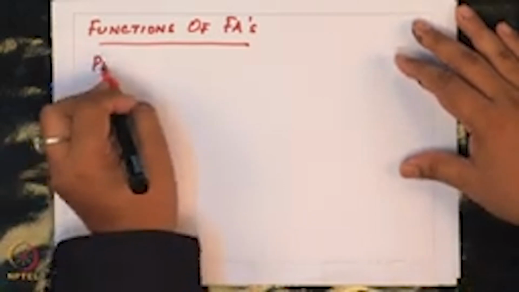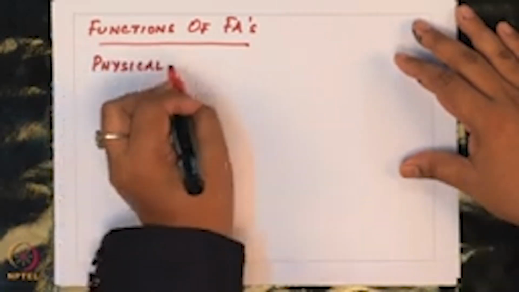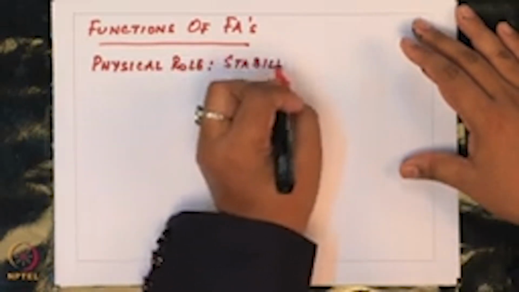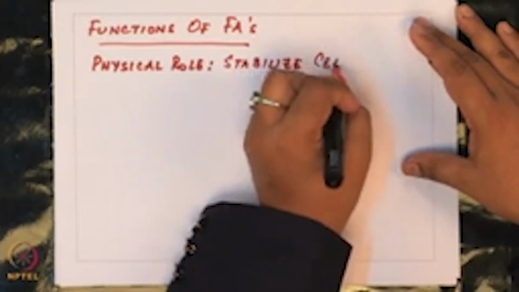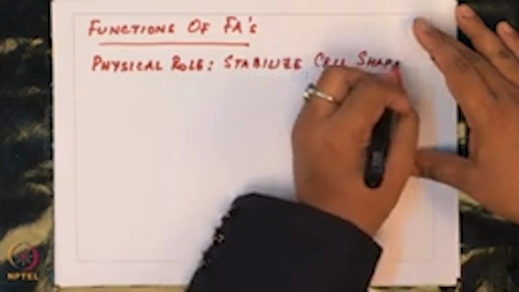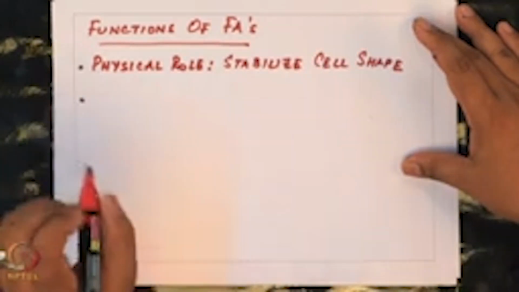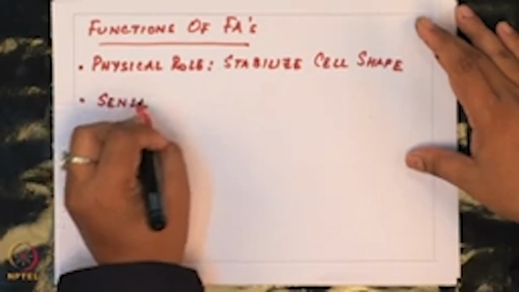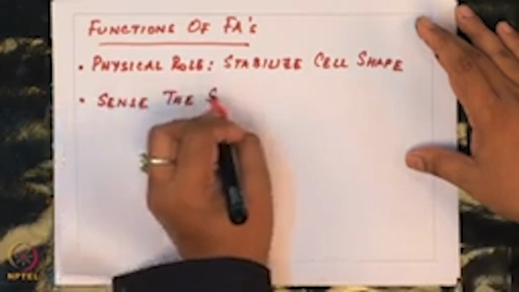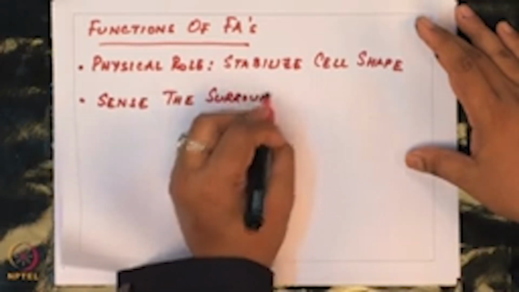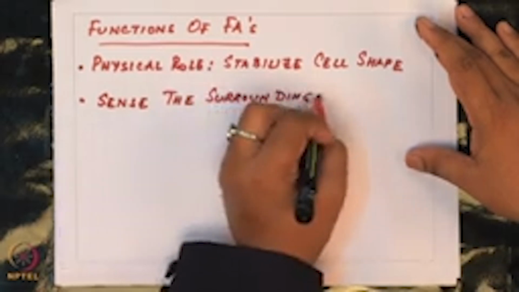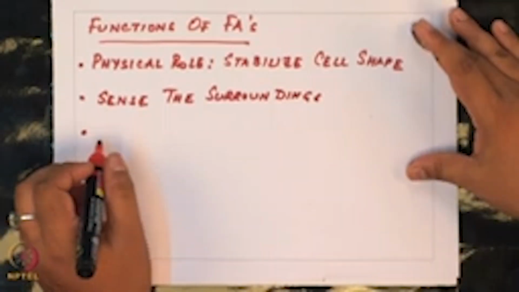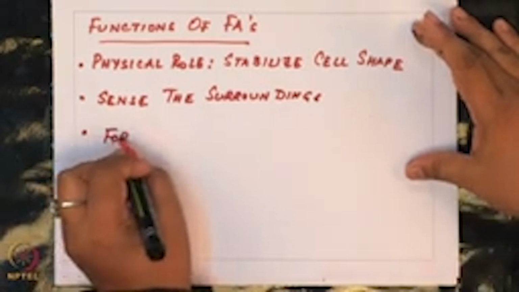So, they form the physical role, that is, stabilize the cell shape, and actually they are the ones which sense the surroundings. And how do the cells sense the surroundings through focal adhesions? By means of force transduction.